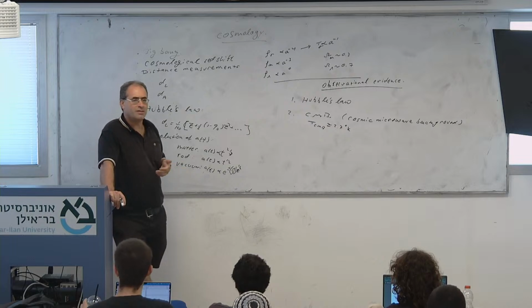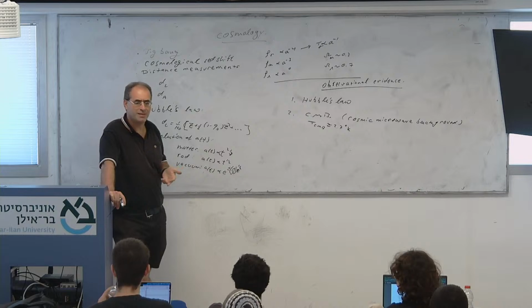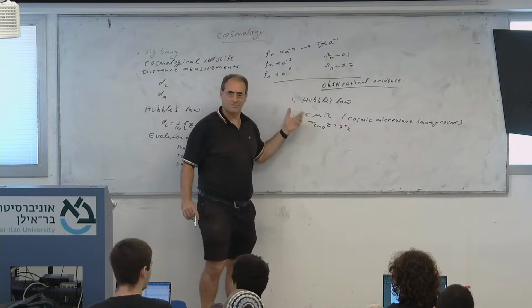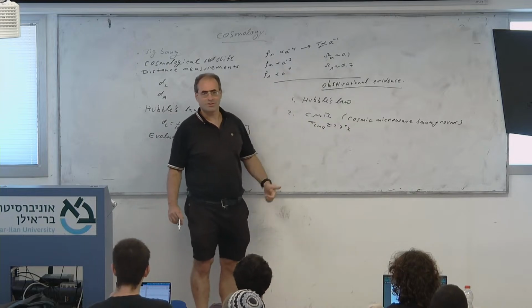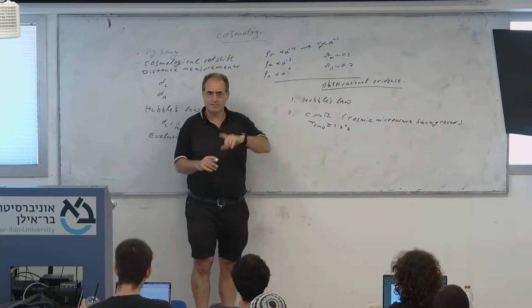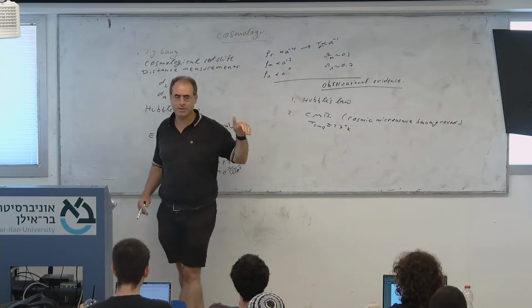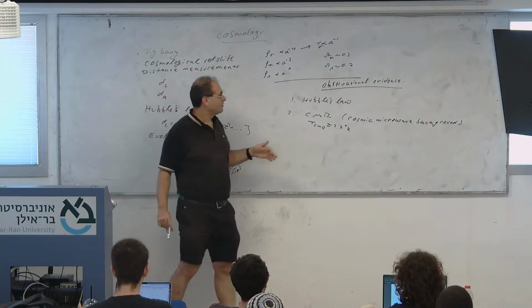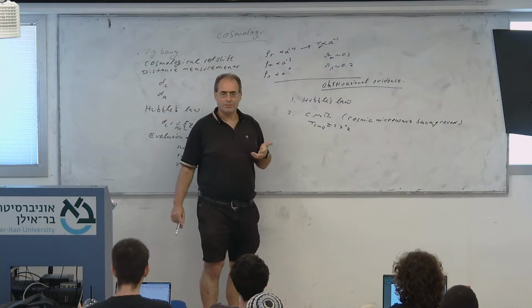What is the ionization energy of a hydrogen atom? 13.6 electron volts, right? So if you go back in time, the temperature was higher. When it reaches, it's not 13.6 because this is again a distribution. You don't need to be at the peak of the distribution. You can be at the edge of the distribution. There will be enough photons. So when the temperature reached about 1 electron volt.